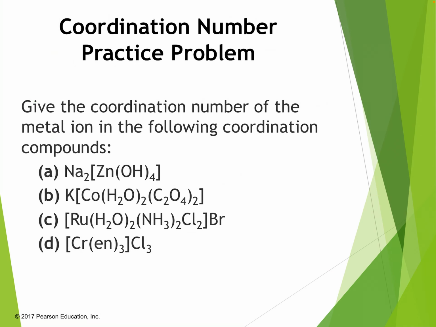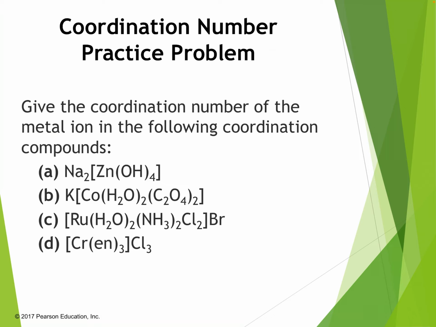So I want to go ahead and practice. We have some coordination compounds here. They have their counter ions and the complex ions, but I want to know the coordination number of the metal ion in those coordination compounds. So you need to figure out, first off, which part is the complex ion? Big hint, the complex ion is usually the part in brackets.